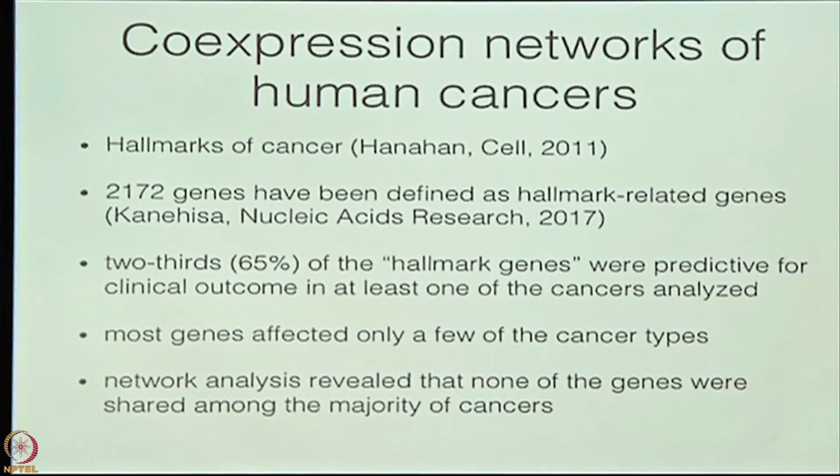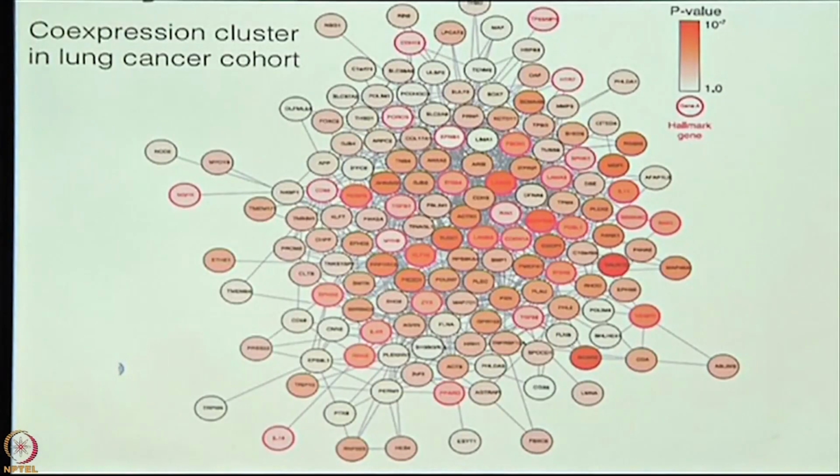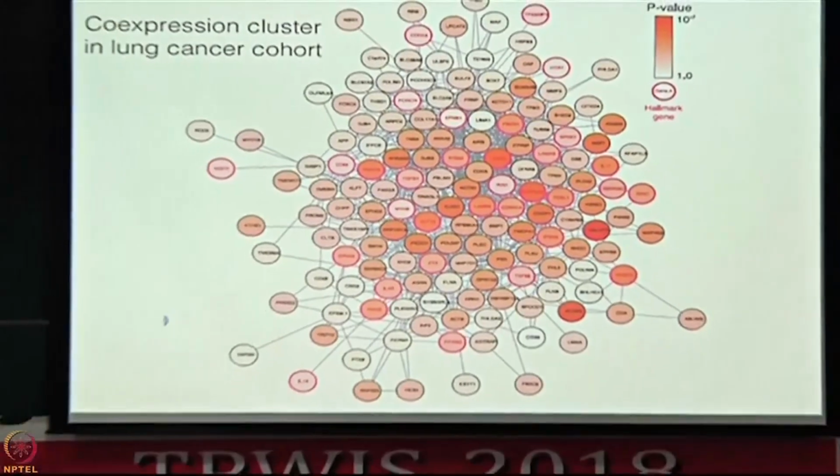So the next step was to take a cancer example from lung and to see, in case you've lost track of it, we started out trying to say that these are prognostic genes. At the end of all this stuff, we said, yeah, these are the prognostic genes.